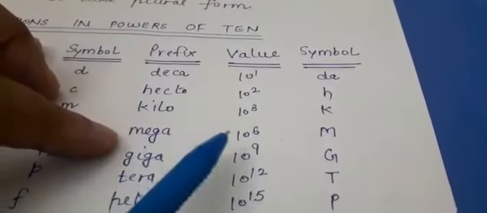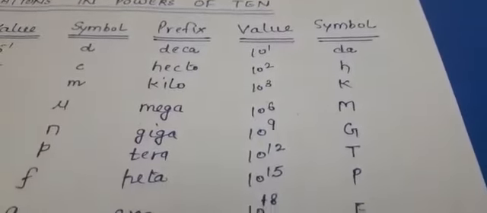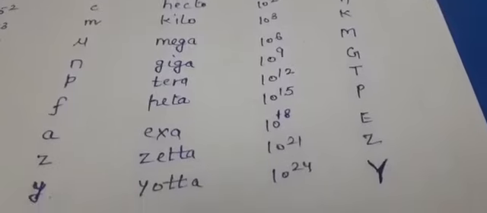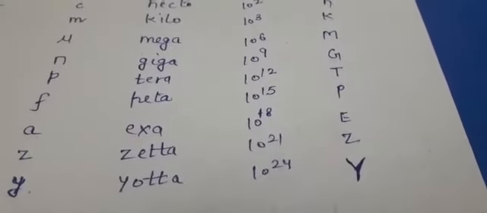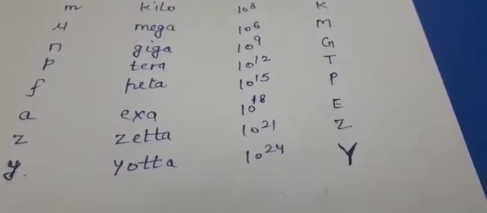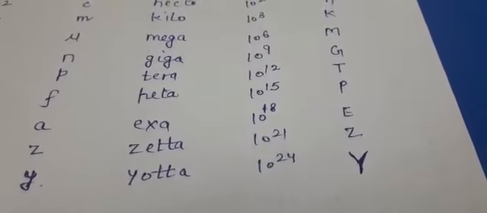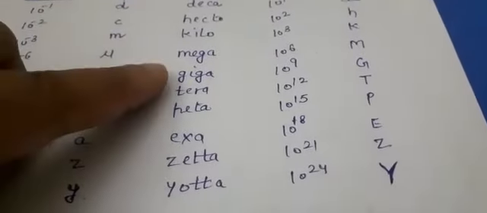Mega, 10 raised to the power 6, capital M. Giga, 10 raised to the power 9, capital G. Tera, 10 raised to the power 12, capital T. Peta, 10 raised to the power 15, capital P. So basically up to giga will be used.